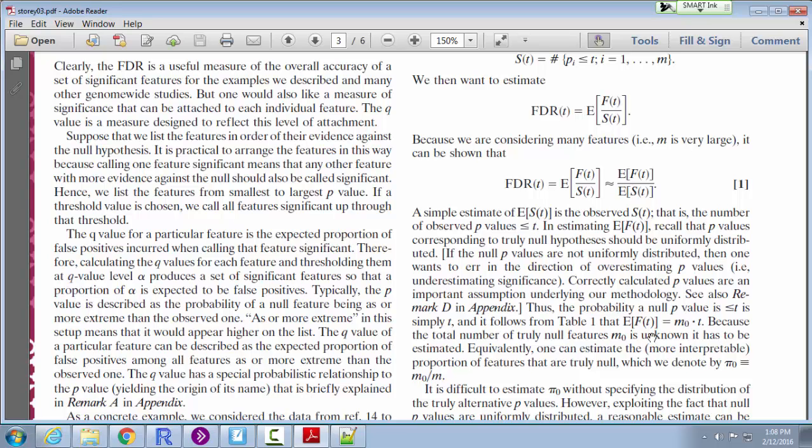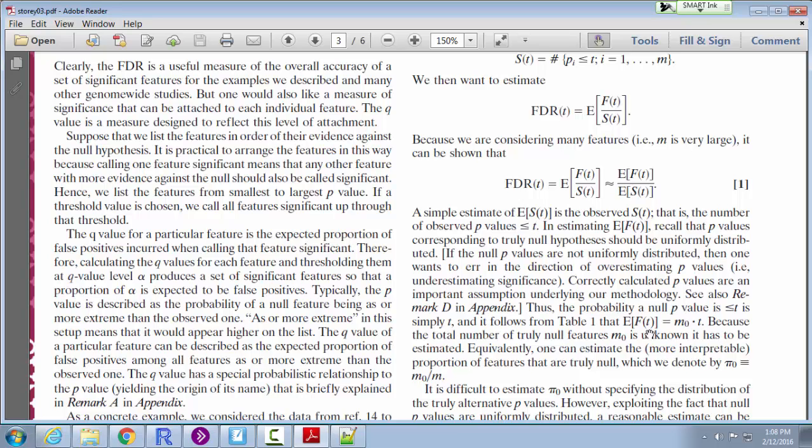So each of the null features is either going to be called significant or not. Capital F is the number of null features that were called significant. Each one of them has probability t of being called significant, because t is the p-value threshold. It could be 0.05, could be 0.01.